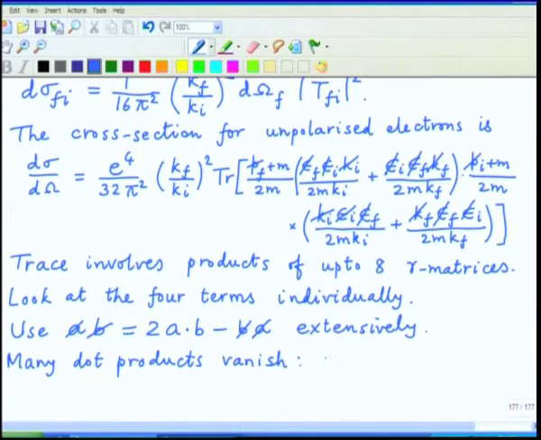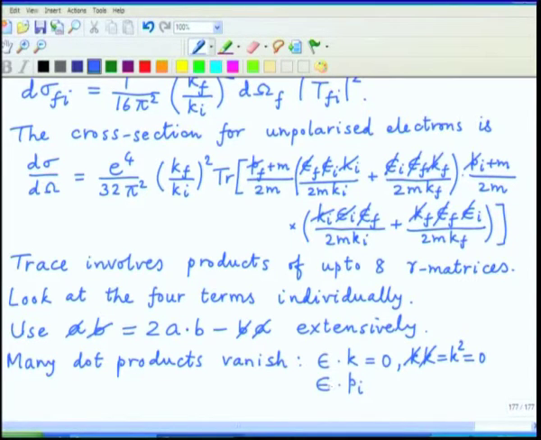Obviously, some of them are epsilon dot k for a photon, which is always 0. The photon is a transverse polarized object. Then k slash squared is equal to k square, which is also 0 for the photons, because they are on shell. On top of that, the initial momentum is such that it is a rest electron state.